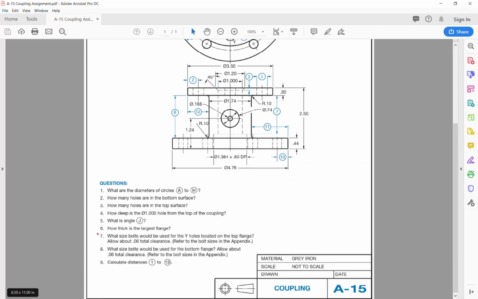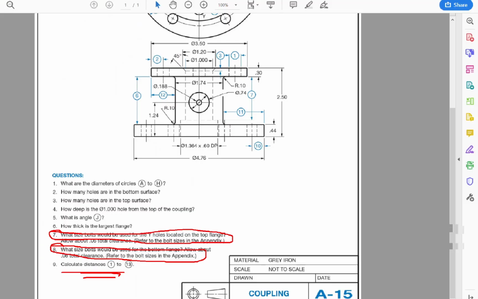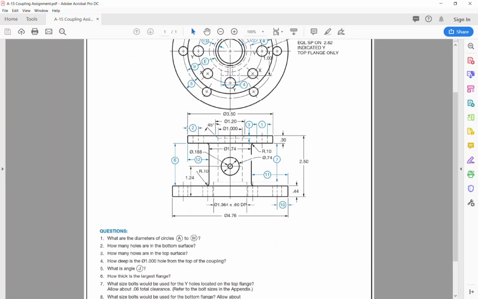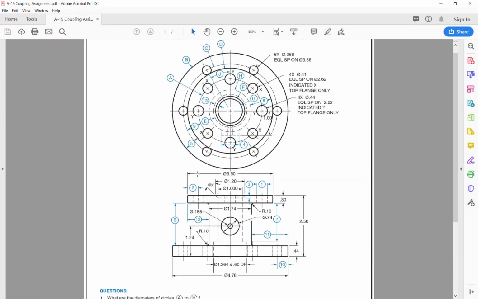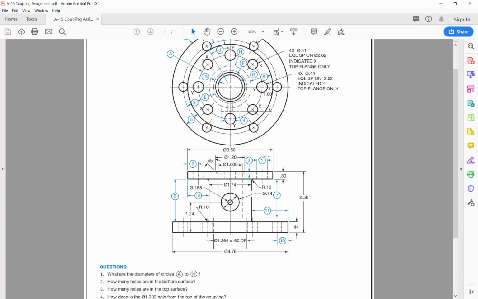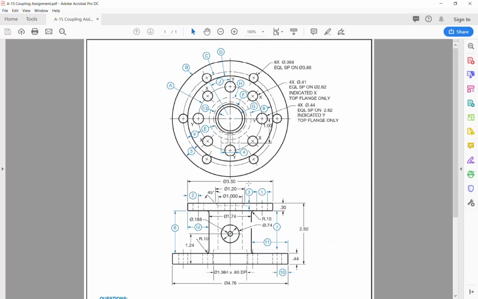I didn't assign that at this point in time. We'll talk about this in class. Question 8. Again, we'll talk about that in class. And now we can calculate distances 1 through 13. You're going to do this the same way we've done all along. You're going to use your ruler and the 2 views to calculate the various distances.